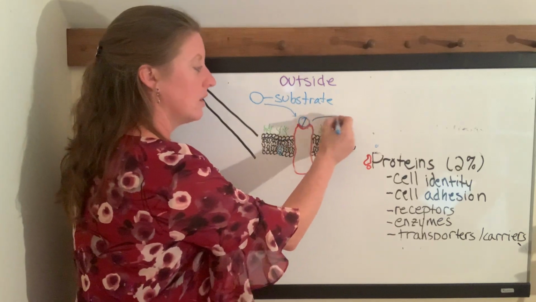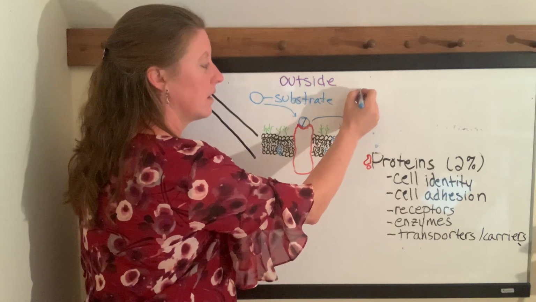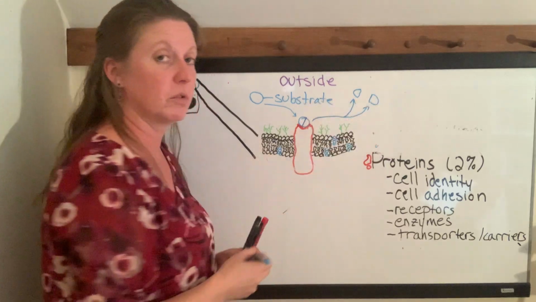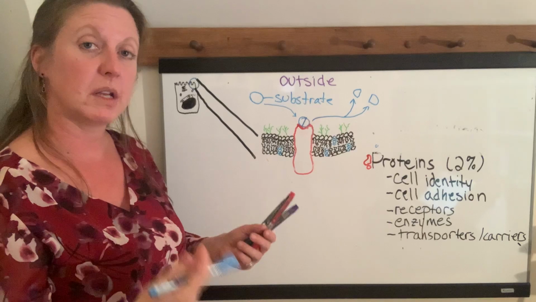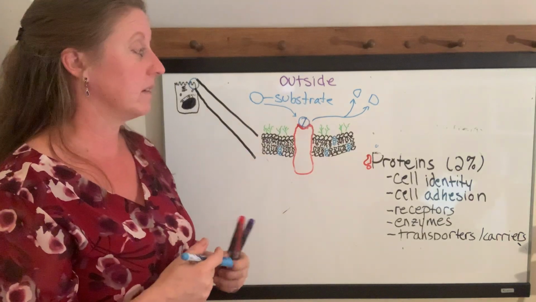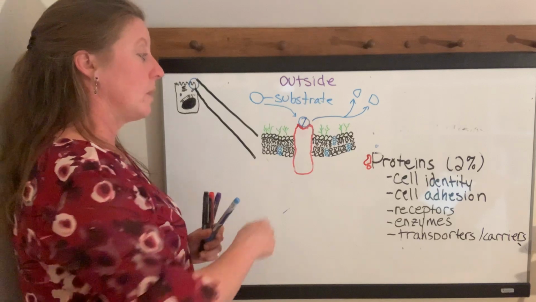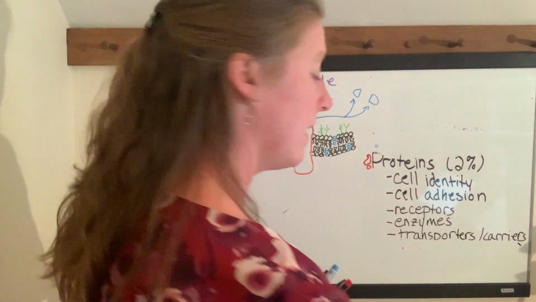And then the two parts, the two products, terrible drawing, but the two products are then released, where they can be taken up by another type of protein in the cell membrane. So we have enzymes that are embedded in the membrane as well.